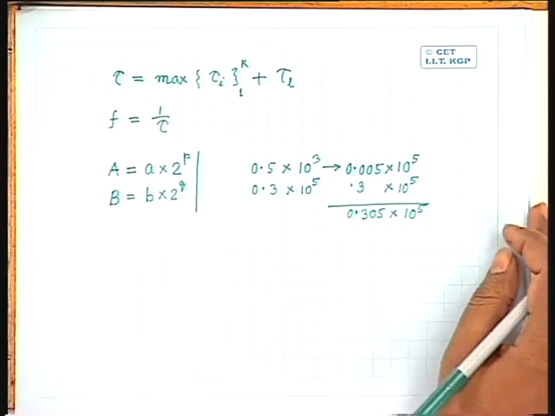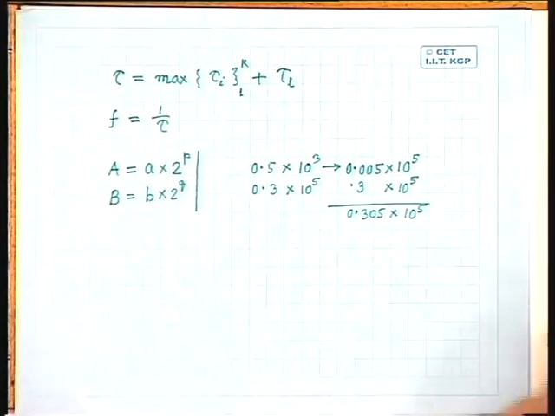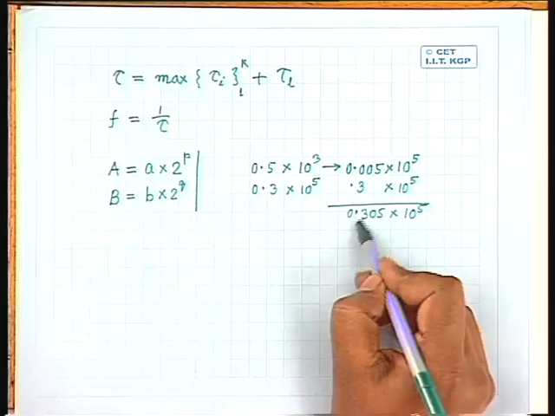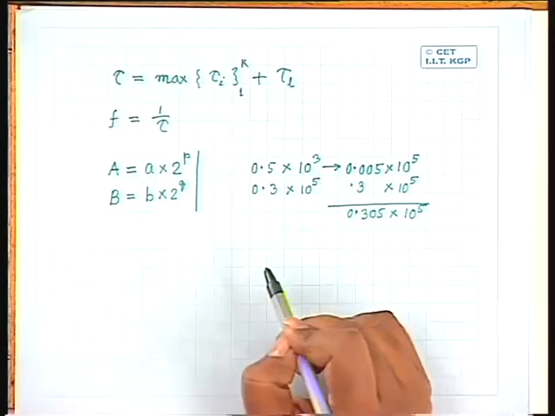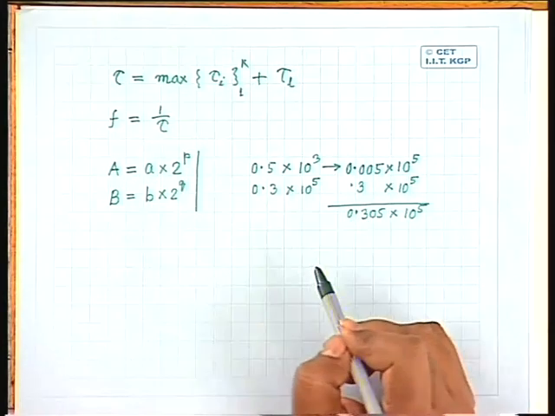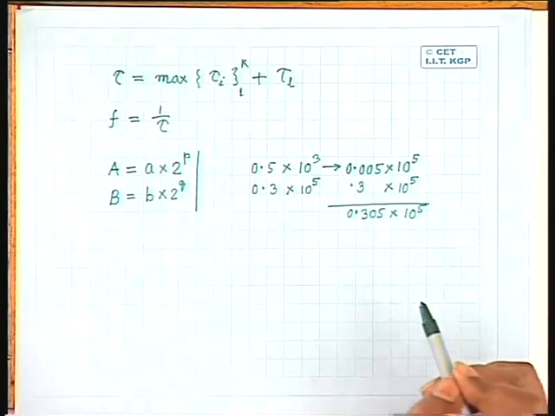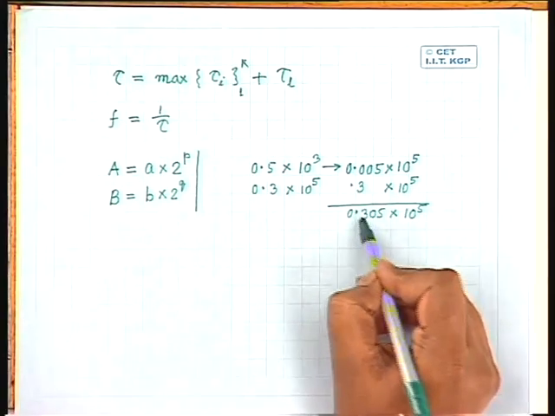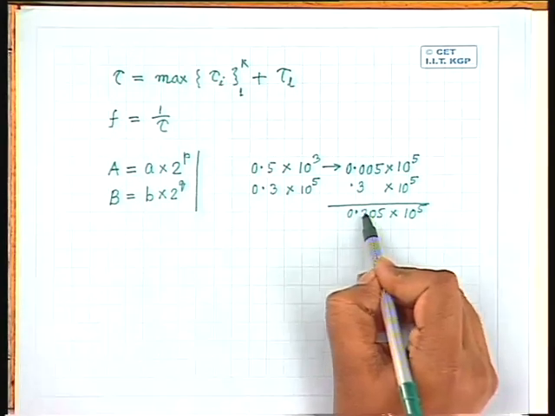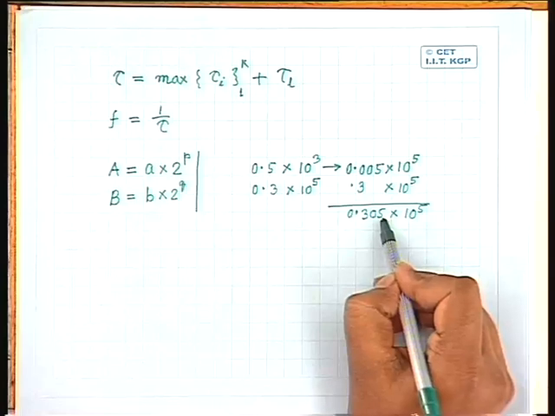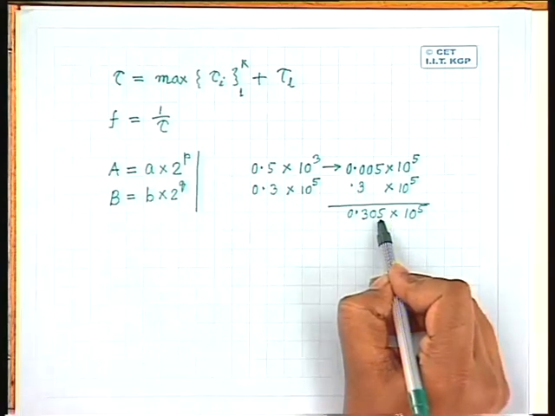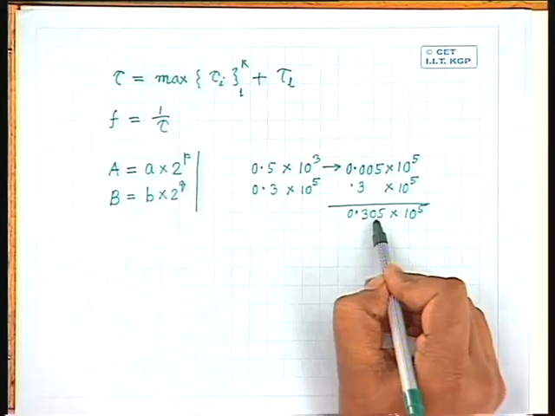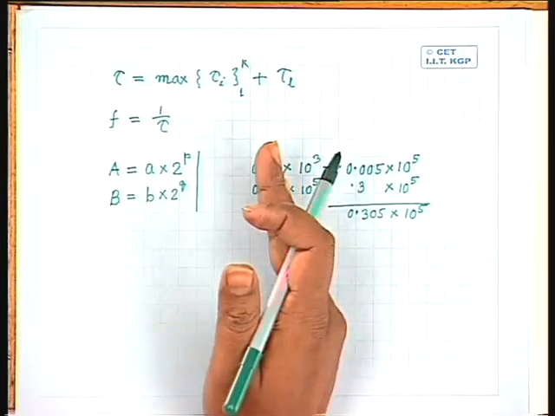In some cases, it may be necessary that after performing this addition or subtraction, if you find that there are some leading zeros in the fraction part, normally what we want is the leading zeros to be eliminated. That means I have to count how many leading zeros after the decimal point you have in the fraction part, then give left shift to the fraction by so many digits.